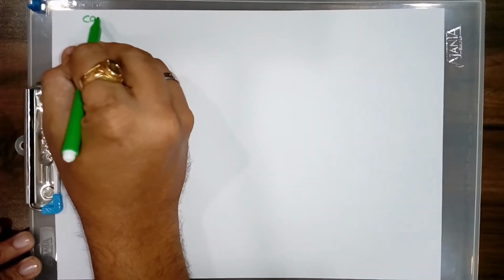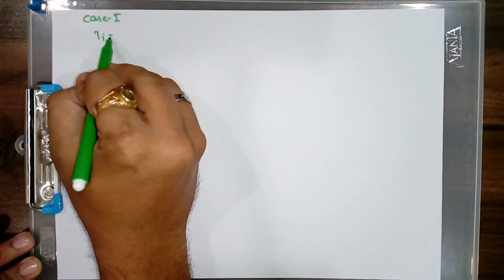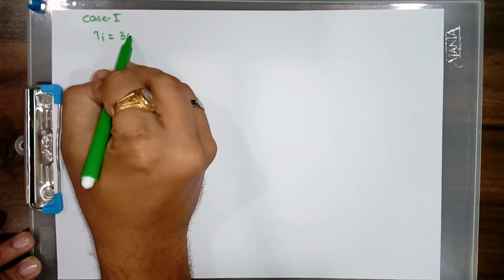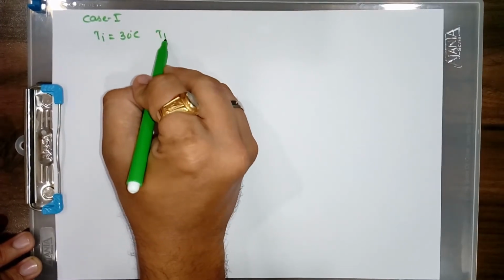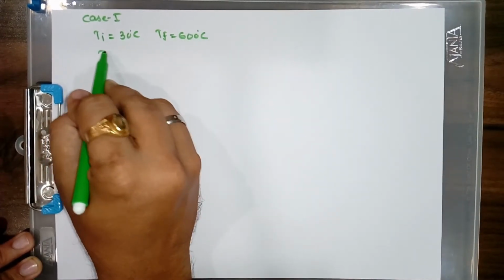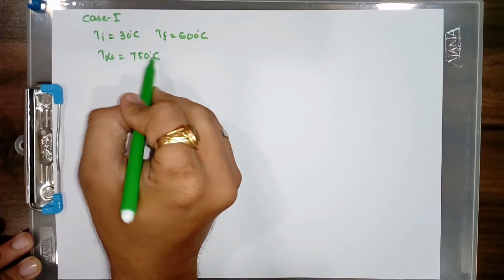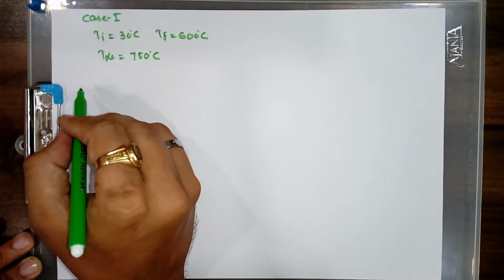So case 1: the initial temperature is 30, the final temperature is 600, the bulk fluid temperature is 750, and the other properties are given.